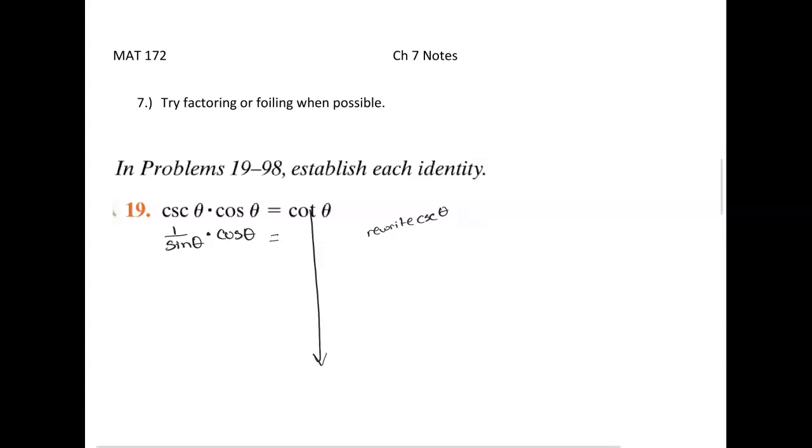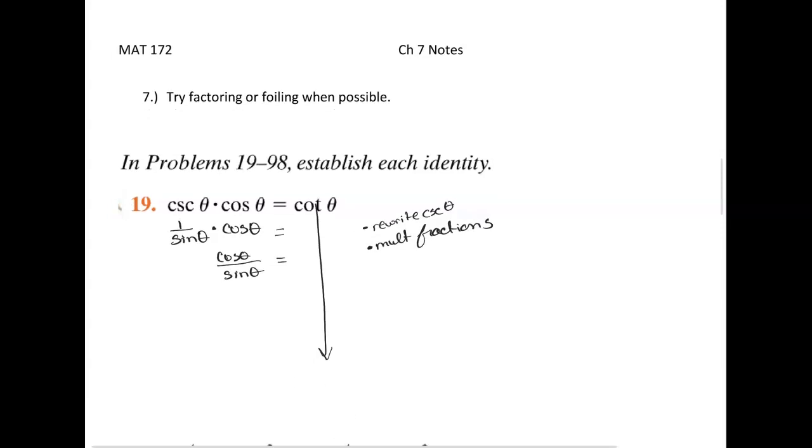So that was what we did. We rewrote cosecant of theta. And then we're going to multiply. So 1 over sine times cosine is cosine over sine. And then we're going to use that trig identity that cosine over sine is equal to cotangent of theta.